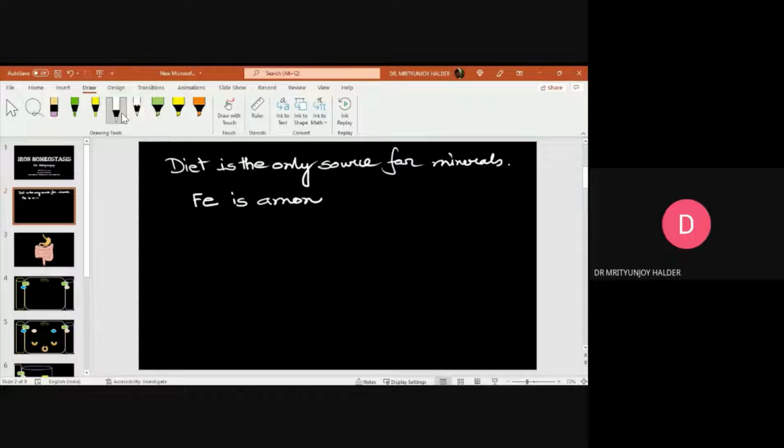So diet is the only source for minerals, and iron is among them. So we cannot synthesize iron in our body. Only from diet we can get iron.